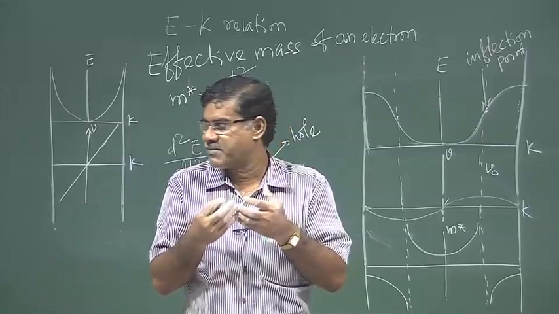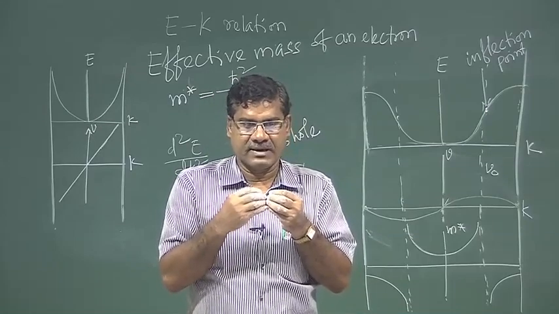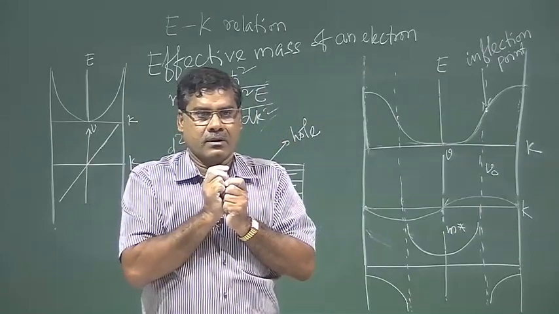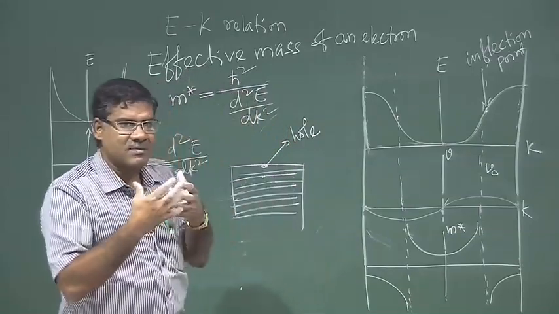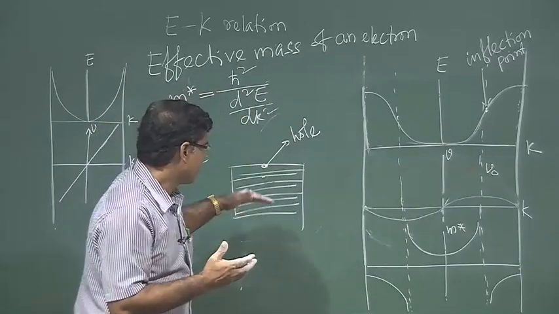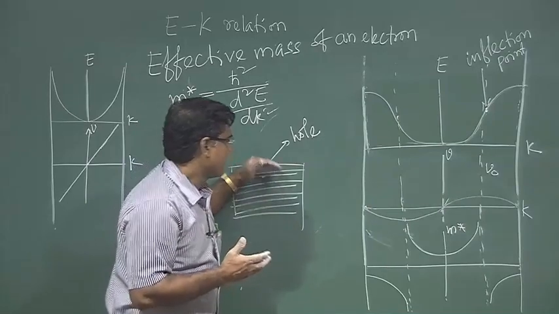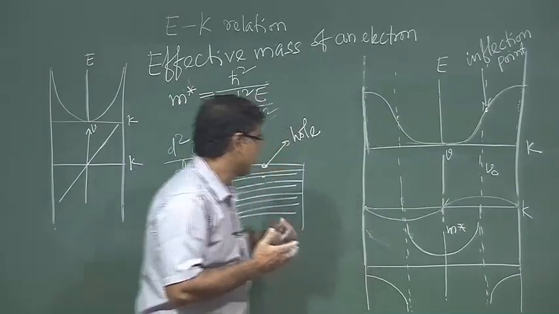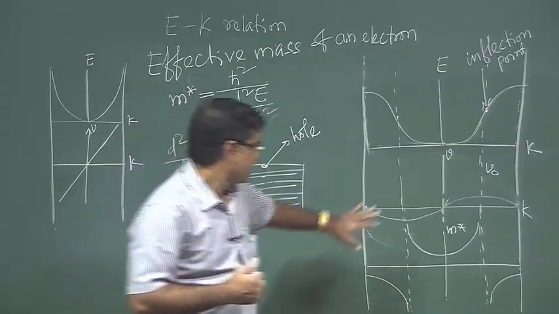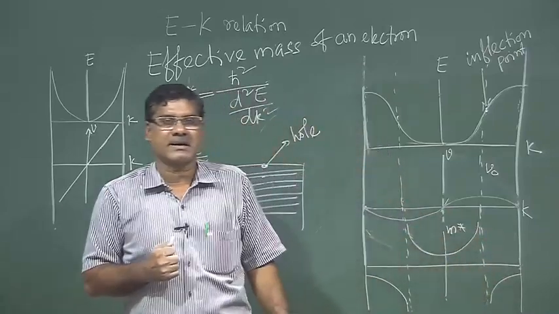Its charge is negative, so it is moving with some force in one direction. Now, when it is moving on the top of the band, it goes from positive mass towards negative mass, right.